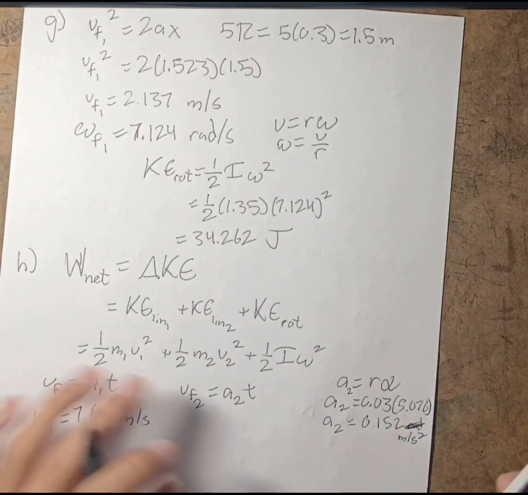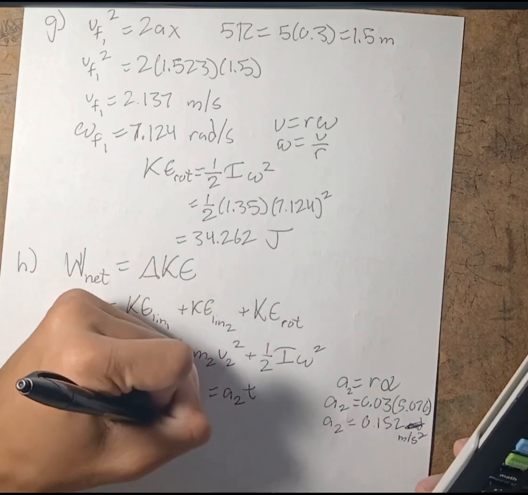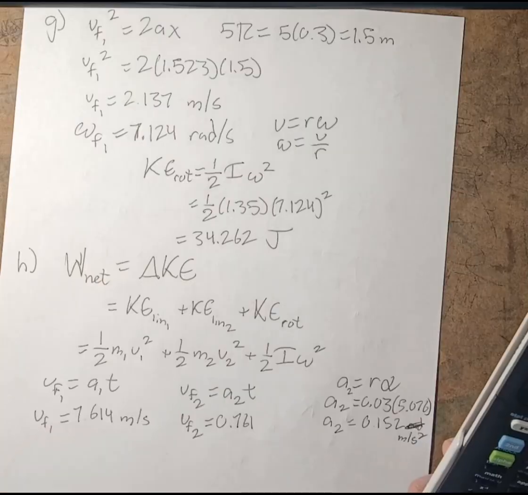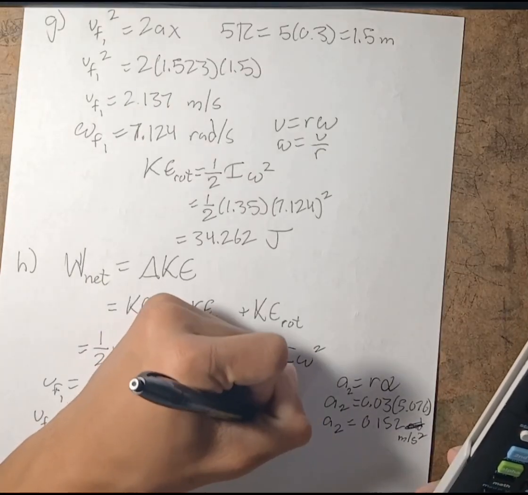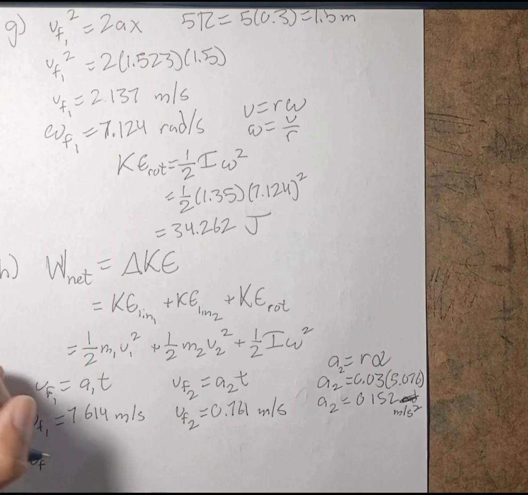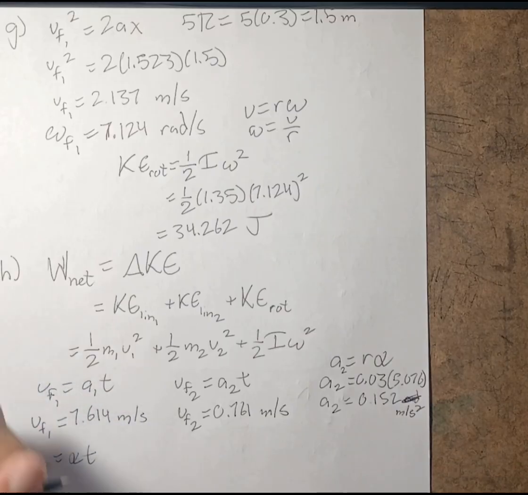And then we can just multiply that by 5. So VF2 equals 0.761 meters per second. And then for omega f of the solid cylinder at 5 seconds, we can just do alpha t.